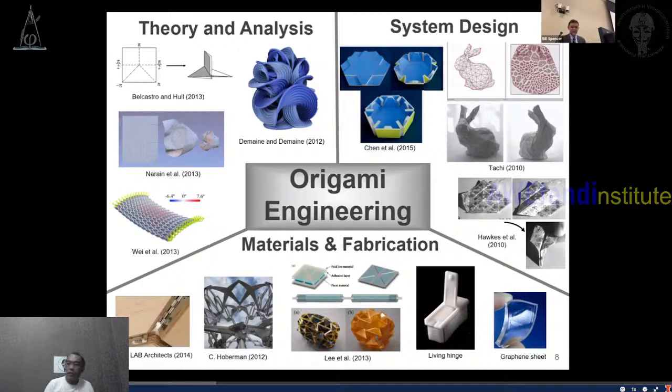Design is very important. For example, here you can see the Stanford bunny, but then you need to do the crease assignment, and this is a very complex task. And after you do the crease pattern, you have to decide about mountain-valley assignments. From a computer science point of view, this is a very hard problem. Also, one area in active development is thickness accommodation.